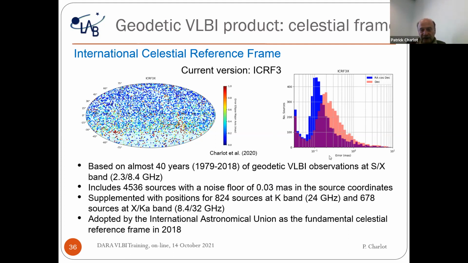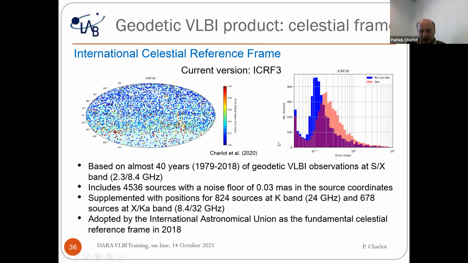You see here the distribution of the uncertainties. The blue one is for right ascension, the orange one is for declination, and the purple one is the part common to the two. And this is 0.1 milliarcseconds.